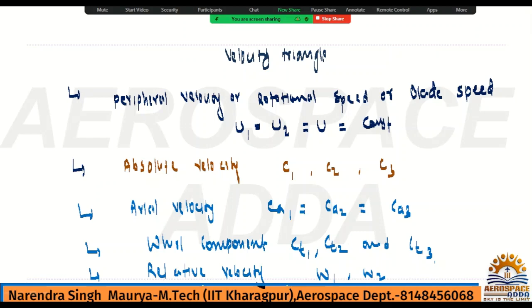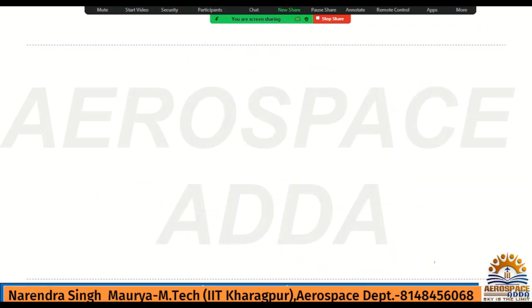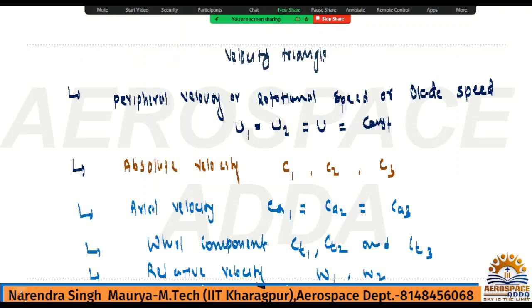What are the angles? The angles are air angles. See, for the velocity triangle these velocities are required.